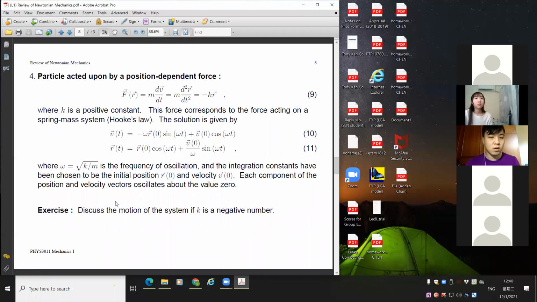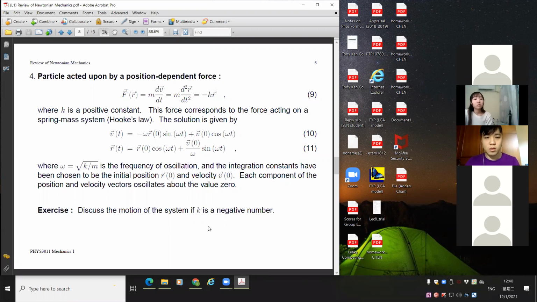All right. So the integration constants have been chosen to be the initial position and initial velocity. Each component of the position and velocity vectors oscillates about the value 0, because this force will generate the so-called simple harmonic motion.